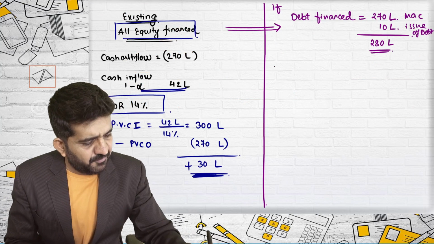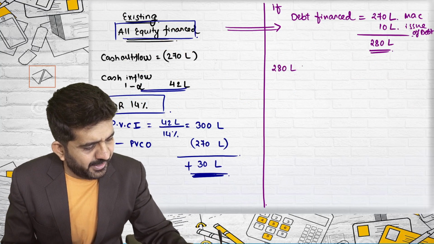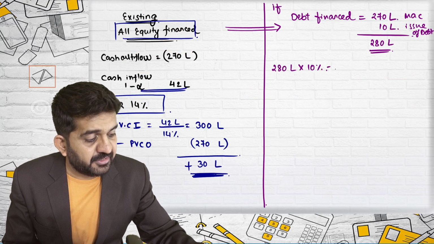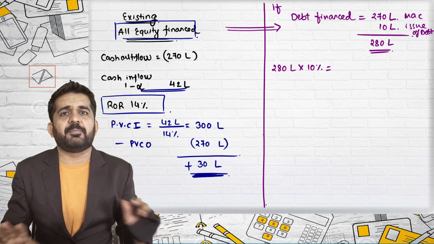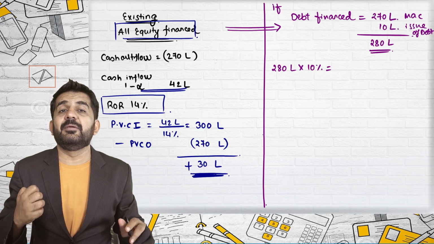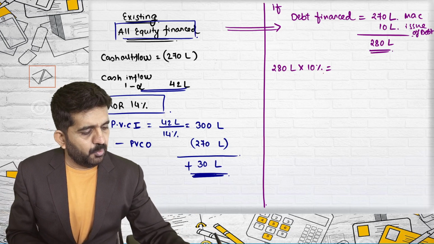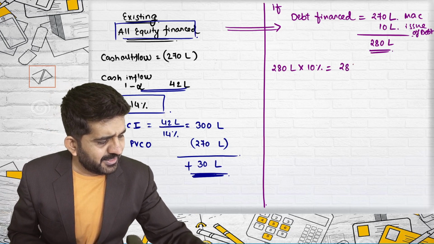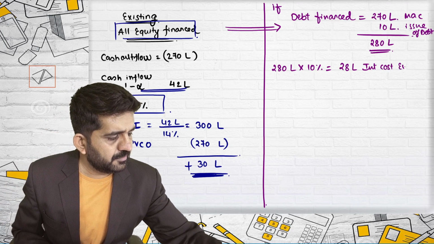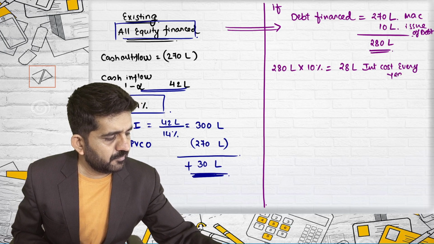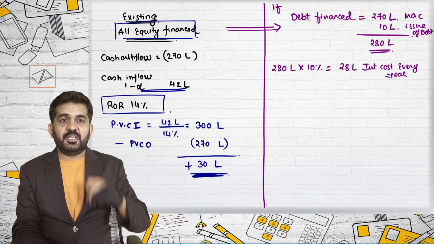So how much benefit do you get every year? 280 lakhs multiplied by 10%, and they are perpetual debentures. They will never end. You will just have to pay the interest, never pay the principal back. Irredeemable debentures. 280 lakhs into 10% is 28 lakhs. Will be your interest cost every year.